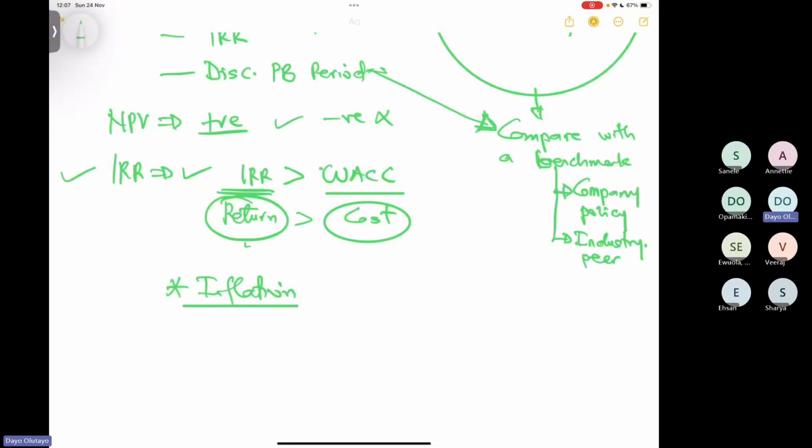So when they give you data, cash flows, and they tell you that these cash flows are in current terms, it means that those are real cash flows. Please take note. You need to understand the difference between real cash flows and money cash flows. Money cash flows are also called nominal cash flows, because sometimes in questions they don't call it money, they call it nominal cash flows. It's the same thing.